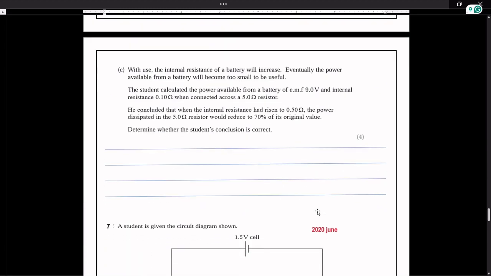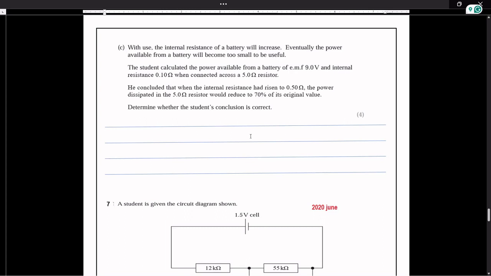Now we are coming to the next part of the question. With use, the internal resistance of a battery will increase. As time goes, the internal resistance of the battery will increase. Eventually, the power available from the battery will become too small to be used.